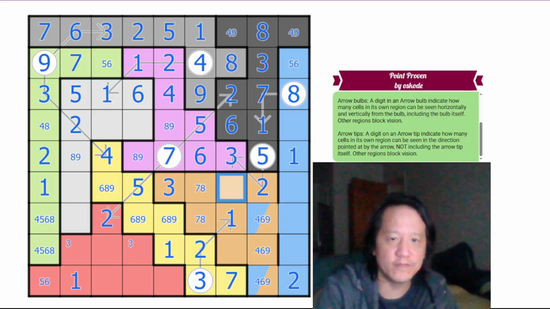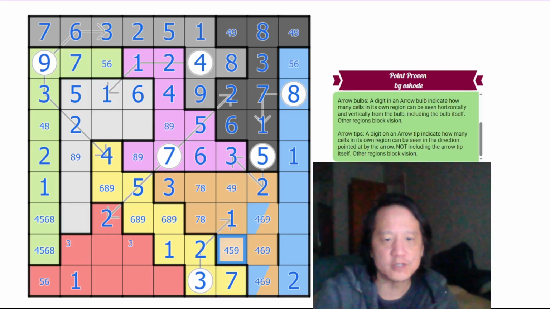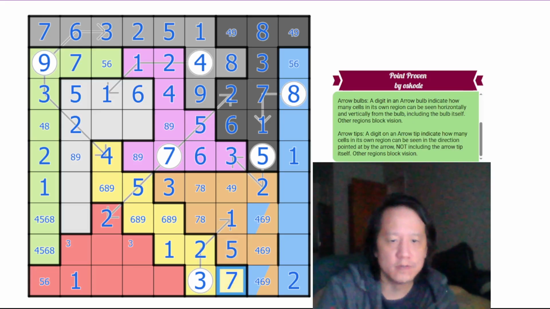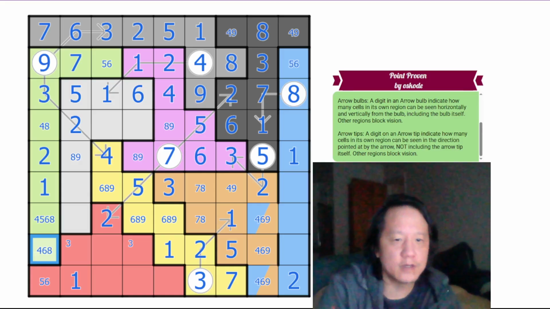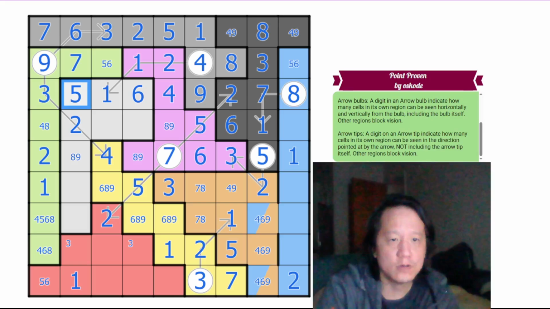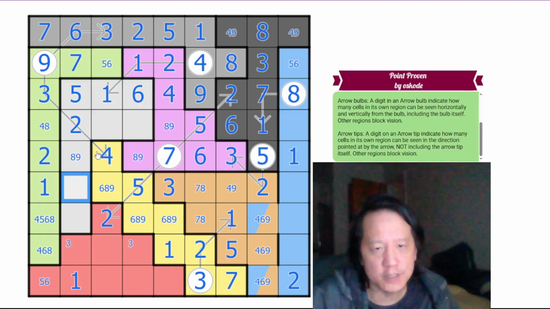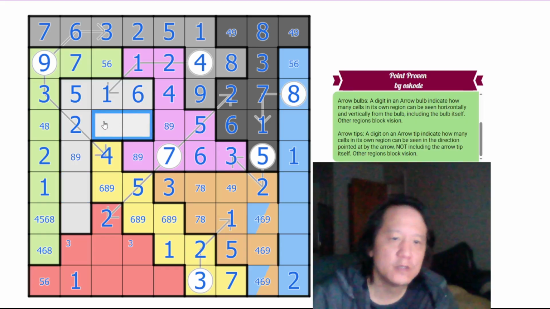So this must be 4, 9 with 5 here. Well, this can't be 5, so this has to be 5 here. That eliminates 5 from being here. Remaining digits in the light region.